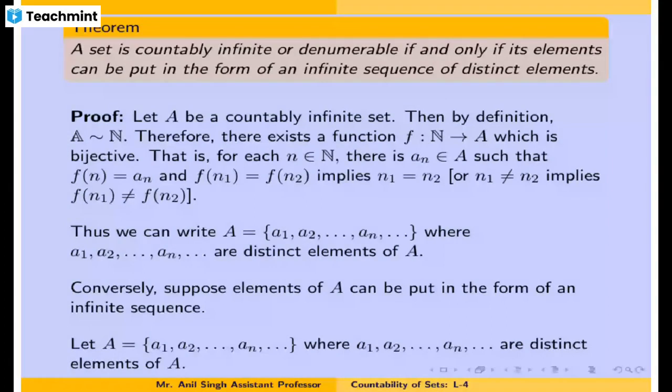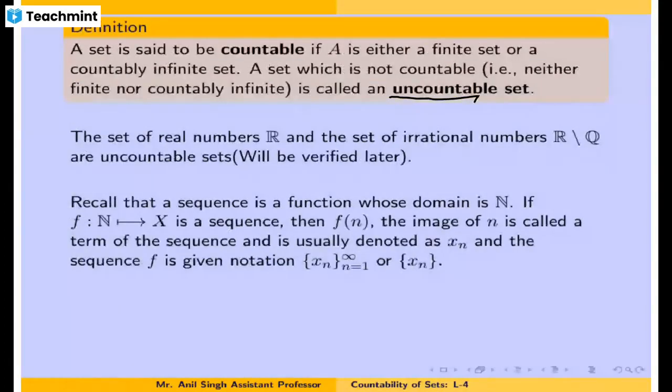But let me recall what a sequence is. A sequence is any function whose domain is the set of natural numbers, and if n is any natural number, then its image f of n is called the term of the sequence, usually denoted by x sub n, or a sub n or anything, but n is kept as a subscript.